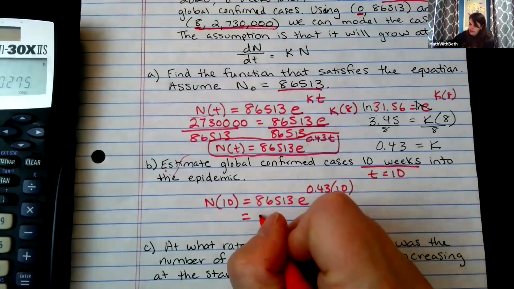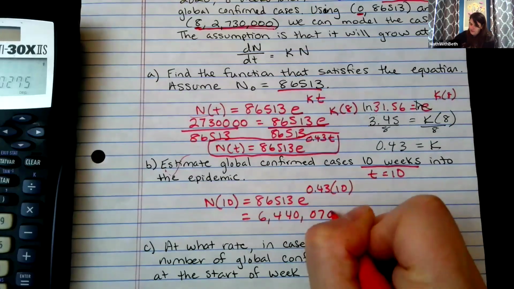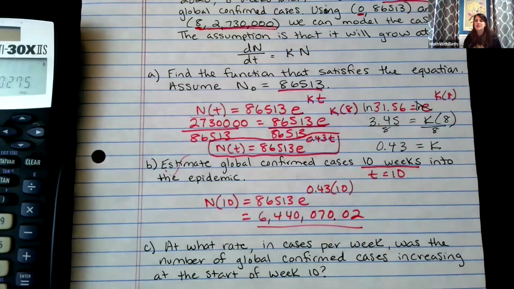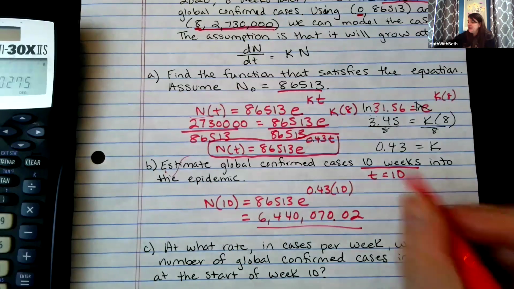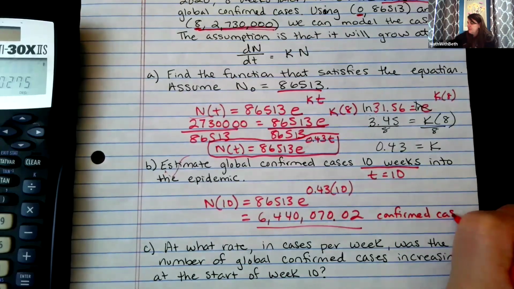You should get a quite large answer, which makes sense if you remember what we used to know about COVID-19 and how fast it spread. So it was this many confirmed cases after 10 weeks.